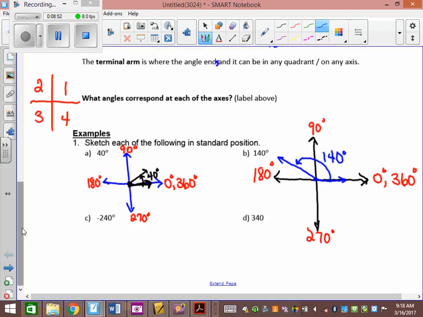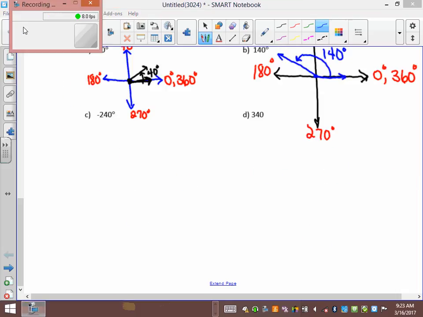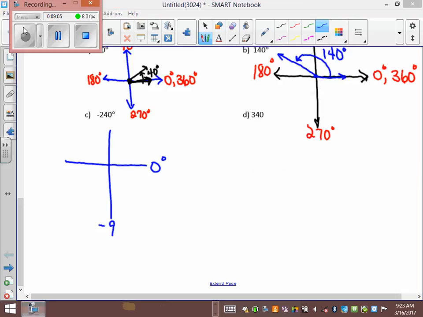You guys do negative 240 and 340, but for negative 240, remember you have to label the axis 0, negative 90, negative 180, negative 270, negative 360. Try those out. Still start on the x-axis, circling around 0, 0 to 240.